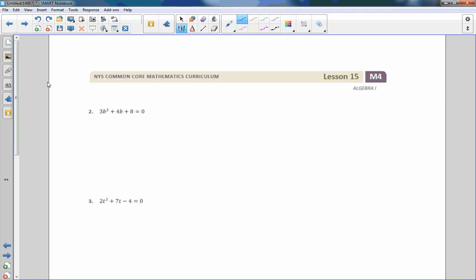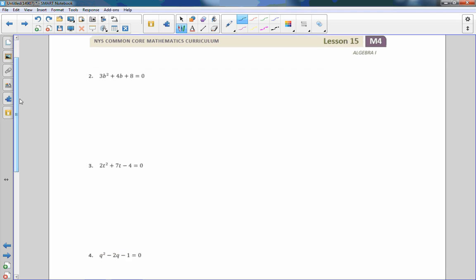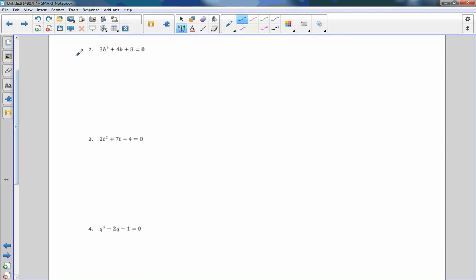Okay. I'll keep going. Hopefully this will help. This is in standard form. A equals 3. B equals 4. C equals 8. X equals negative b plus or minus the square root of b squared minus 4ac all over 2a. Substitute in negative b.